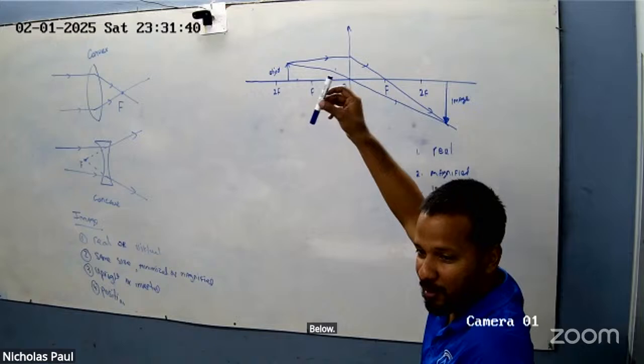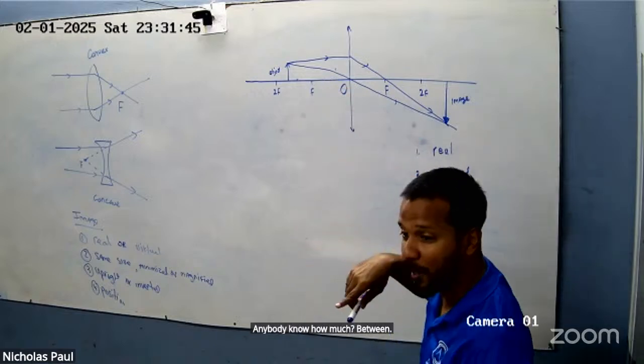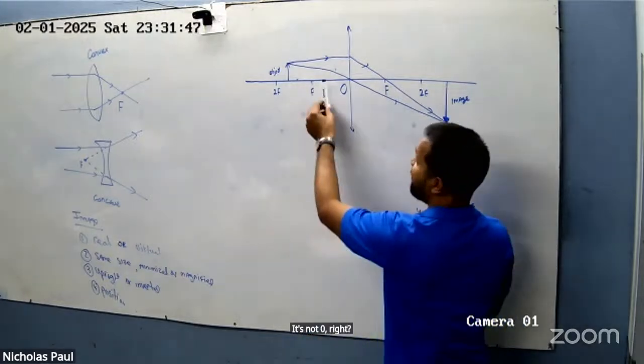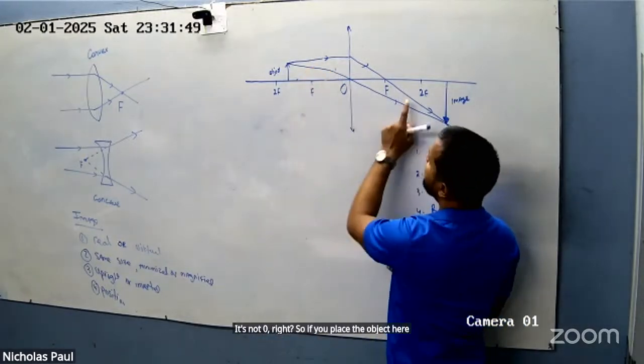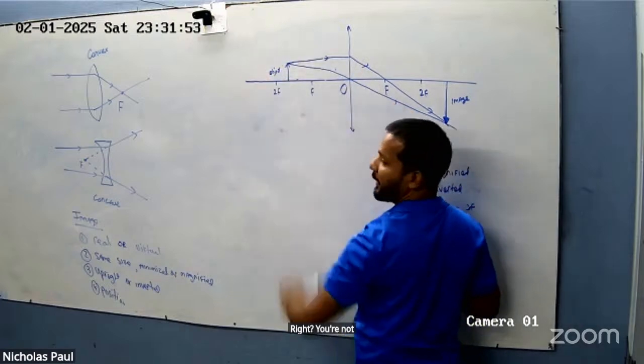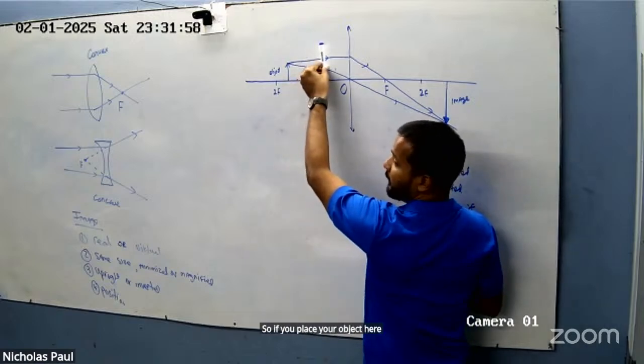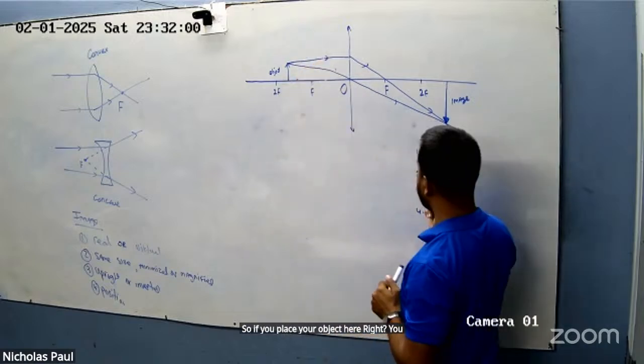Between F and O, that's O, right? So if you place the object here, these rays will not meet. You'll have to draw them backwards and you'll get the image on the same side. So if you place the object here, you will not get a real image.